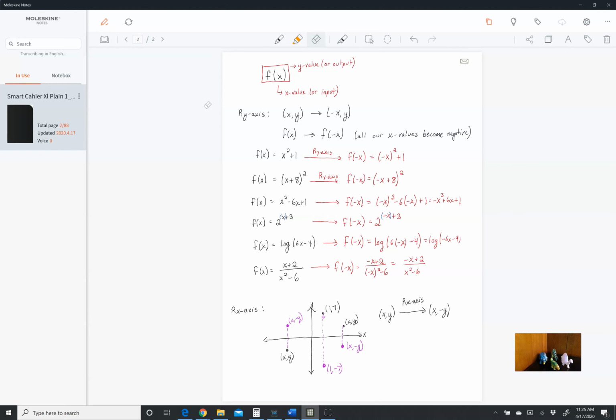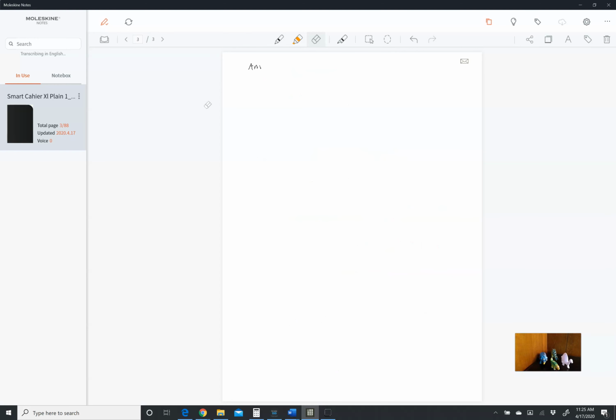So I just want to write down what we said a minute ago, that any horizontal change will change the x values.